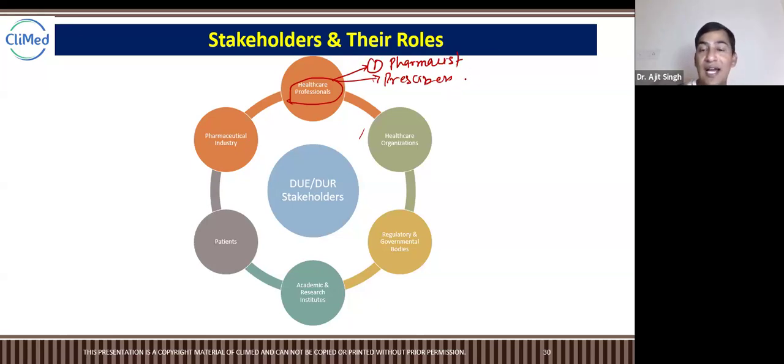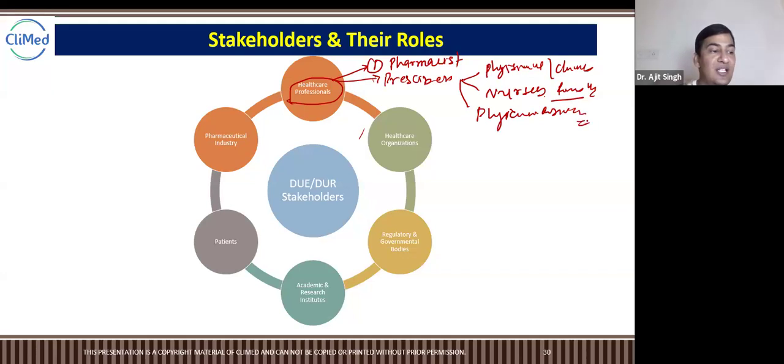Prescriber is either the physician or the clinician. Then maybe the nurse practitioners, they are not prescribers, but they are people who are involved, and then physician assistants. This is all about the healthcare professionals.